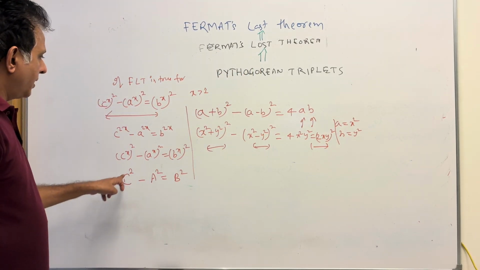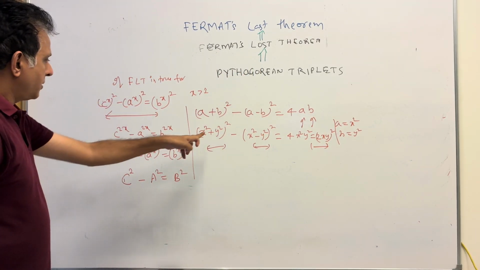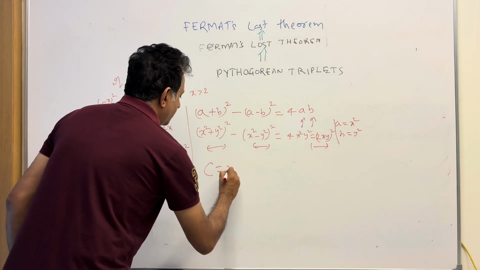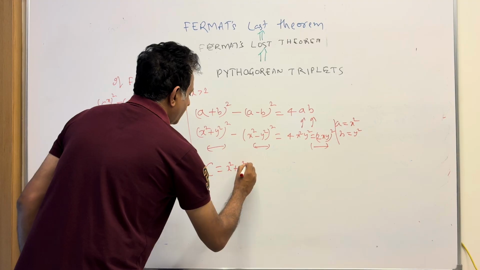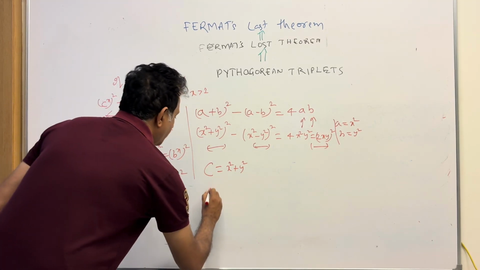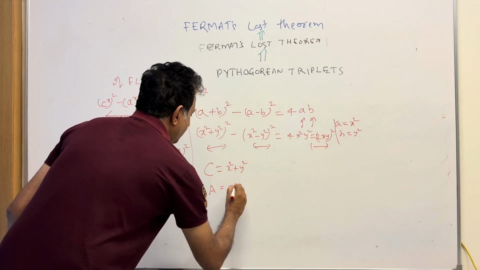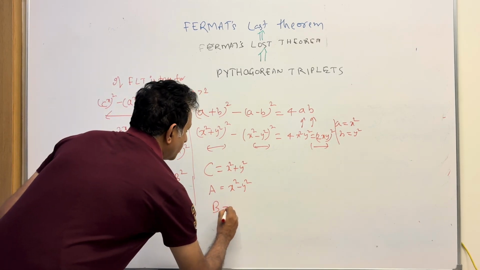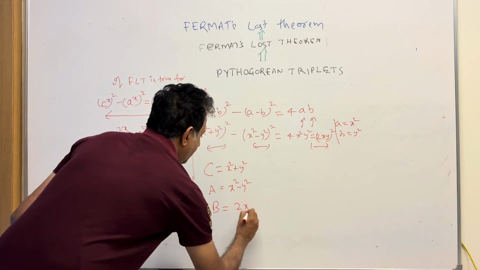So that means that we will try to equate these two. Let us take c equal to x square plus y square, a equal to x square minus y square, b equal to 2xy.